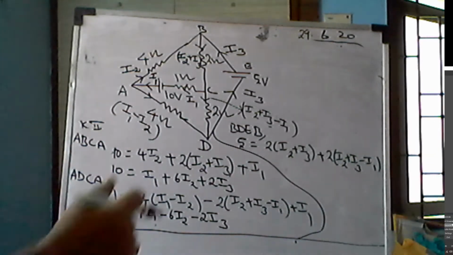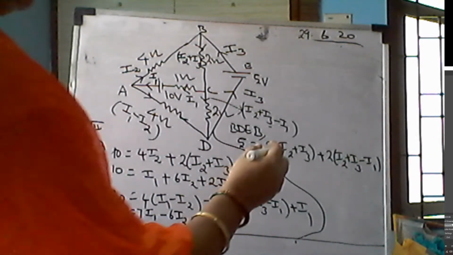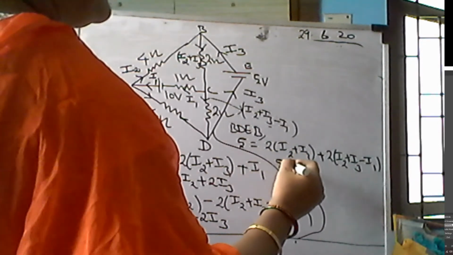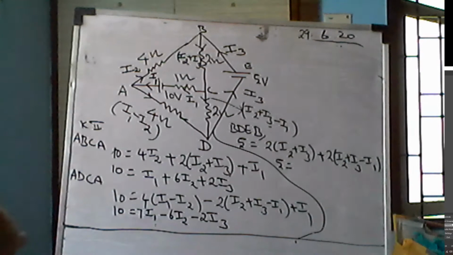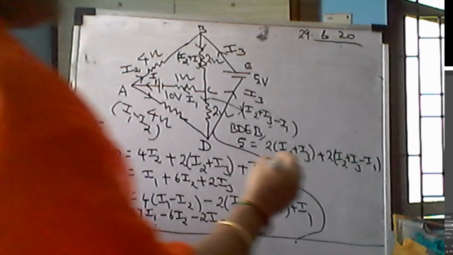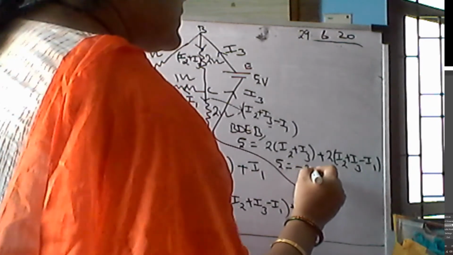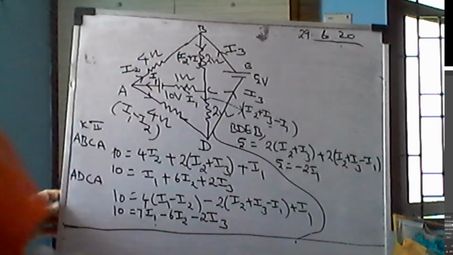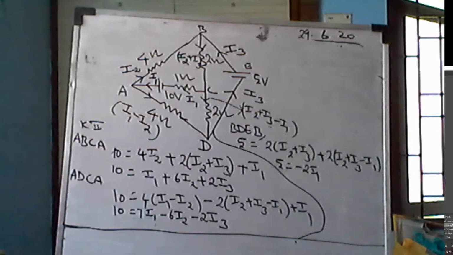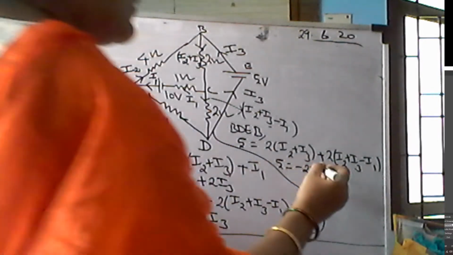So here you can write the equation as 5 equal to I1, there is only one term. So minus 2I1, then I2: 2I2 plus 2I2, so plus 4I2.